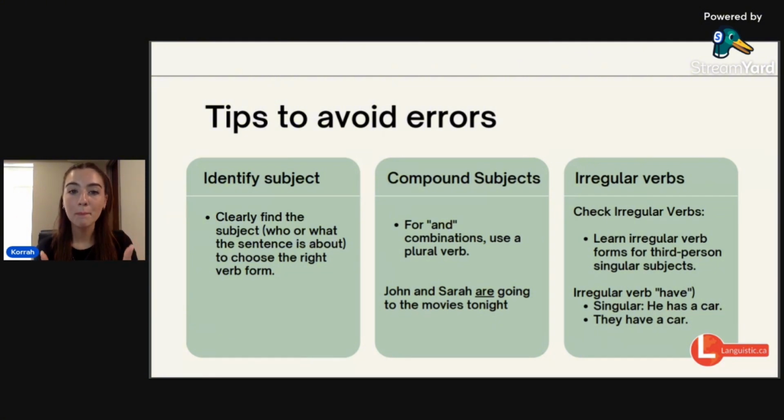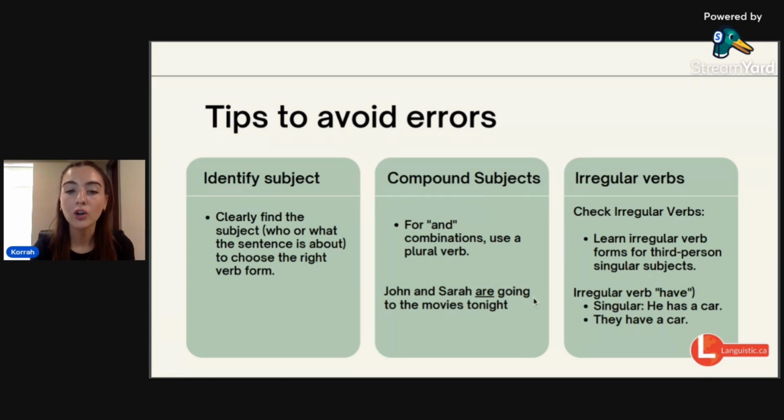Next is compound subjects. So for times that we use the word and, because there's two subjects we're putting together, use a plural verb because we're talking about two different cases here. For example, John and Sarah. There's two of them. Are, right? We wouldn't say John and Sarah is because John and Sarah, two of them together would be plural.